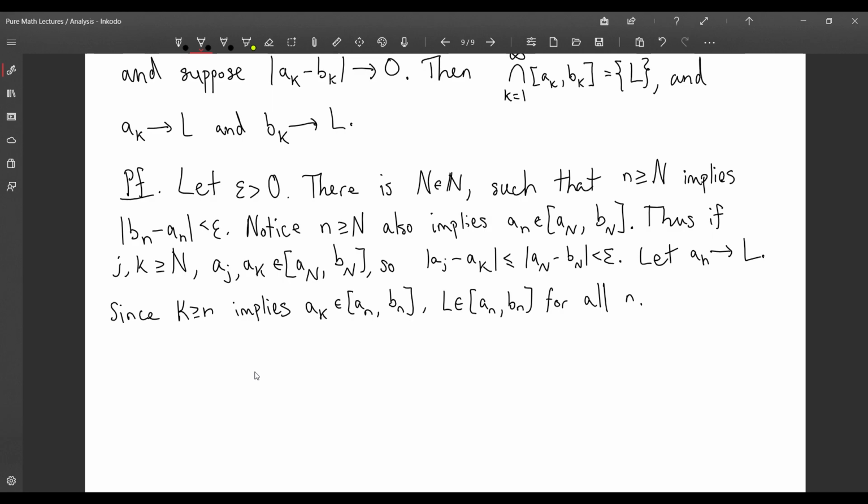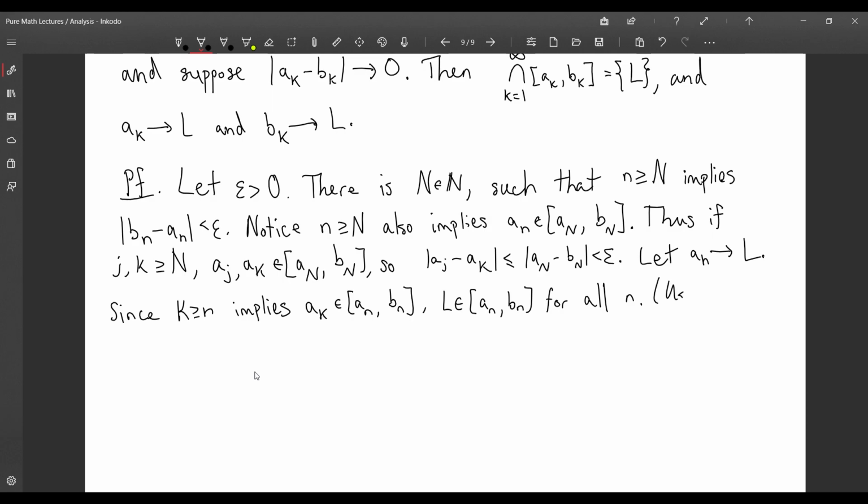And you can prove this essentially by contradiction, in that if you suppose L is outside of this interval for some n, then you can arise a contradiction.